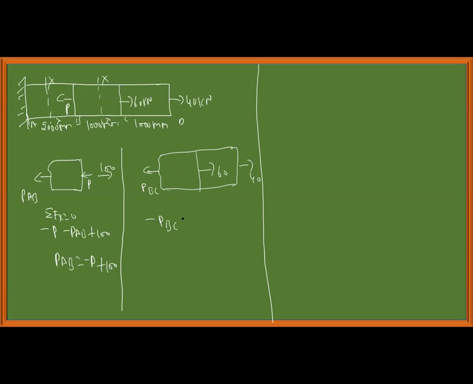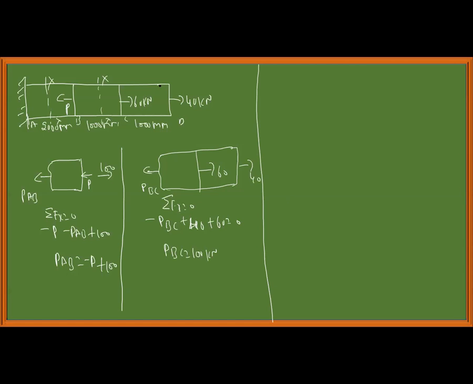PBC, I will write directly. Summation of forces is 0: minus PBC plus 40 plus 60 is equal to 0, or PBC is equal to 100 kilonewton.